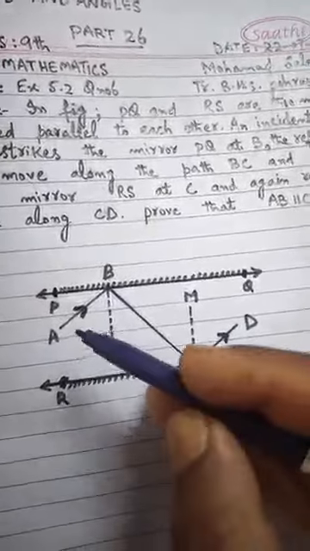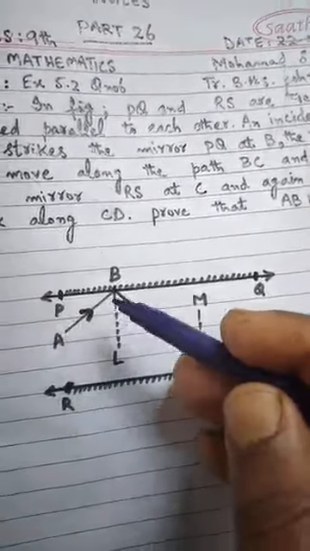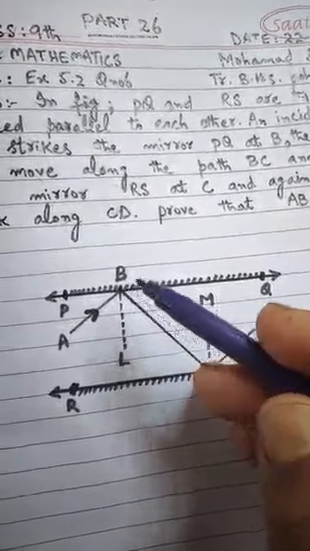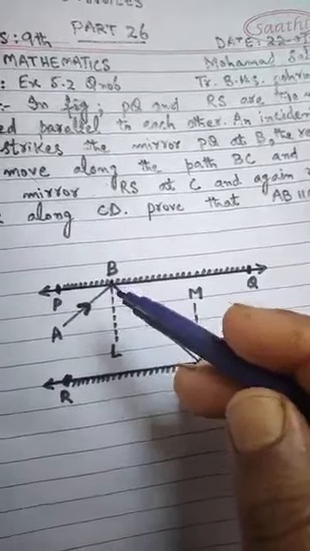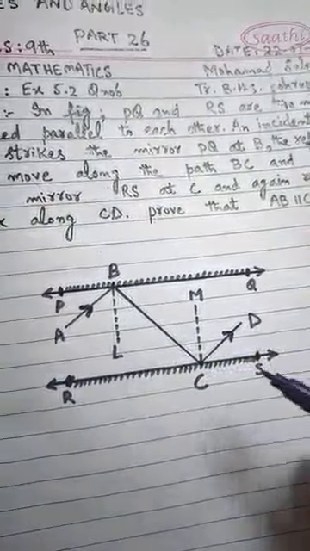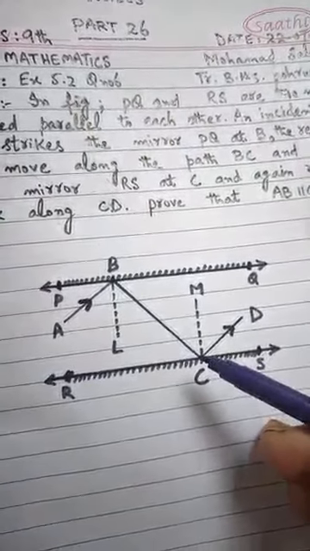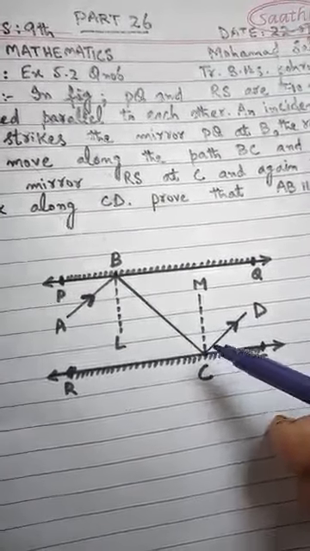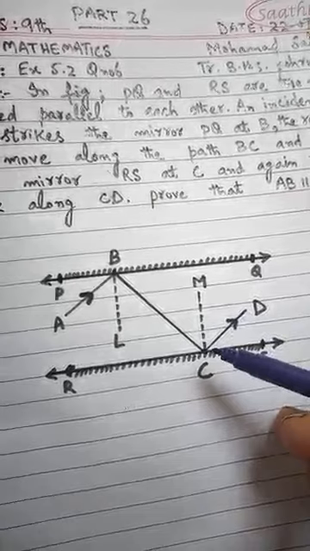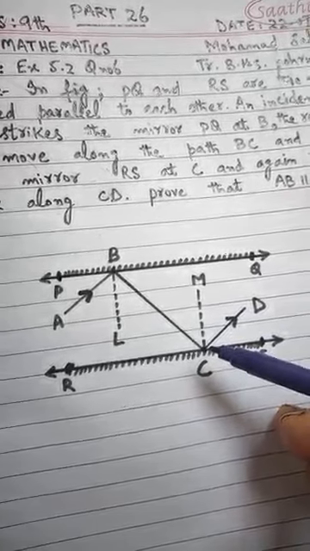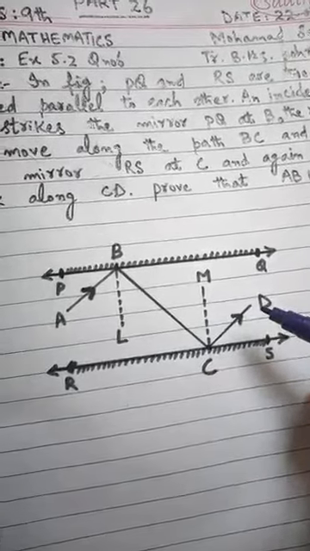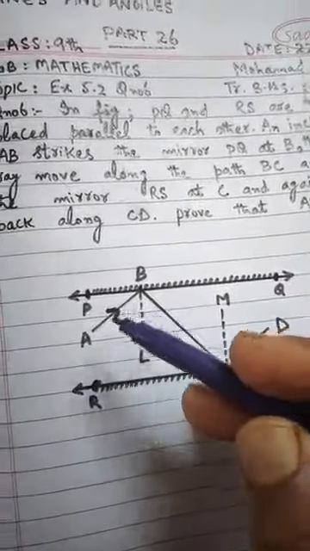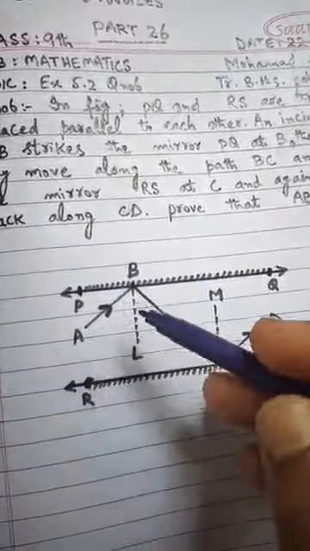An incident ray AB is coming and striking the mirror PQ at point B. Then it gets reflected towards the mirror RS and strikes it at point C. After striking point C, it reflects back to form a line CD. Now AB and CD are the two lines. We have to prove that these two lines are parallel.